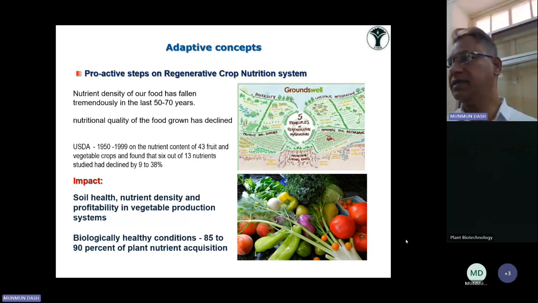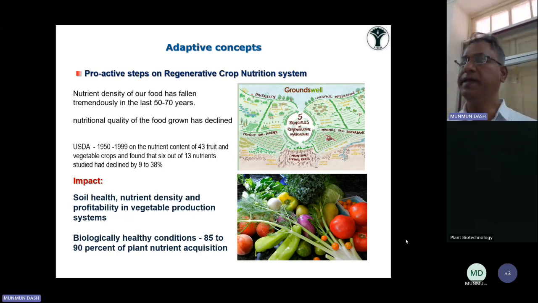They have identified soil health, nutrient density, and profitability in vegetable production, and biologically healthy conditions, with 85 to 90% of plant nutrition acquisition. That means bioavailability. So what we require is a better source for bioavailability.